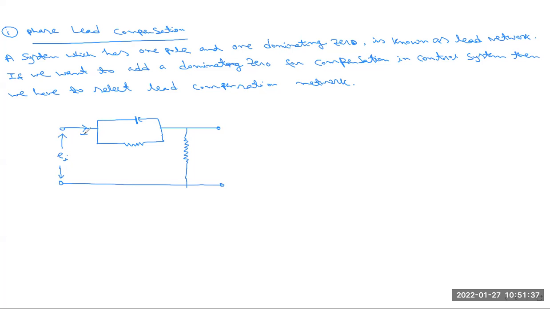Current I is passing from here, then into this network as I1 and another one I2. This is R1, this is the capacitor C, and this is R2. Current is also I, and this is the output of the system. So this circuit is basically the phase lead compensation network circuit. And these are the directions of the current in this network circuit.